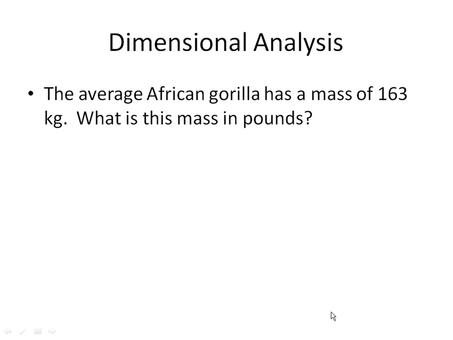Okay, so if we think about this, the first thing that I always tell my students is that you want to write out what you're given and what you know. And so right now, what we know is that we have a 163 kilogram gorilla. After I write that out, I always go ahead, put my multiplication sign, draw where I'm going to have my fraction, and then put kilograms in the denominator.